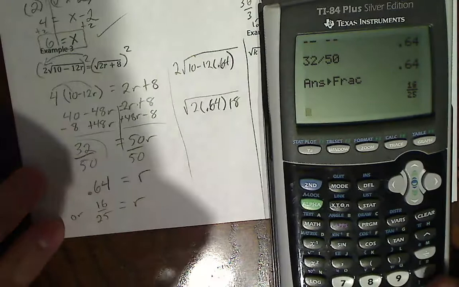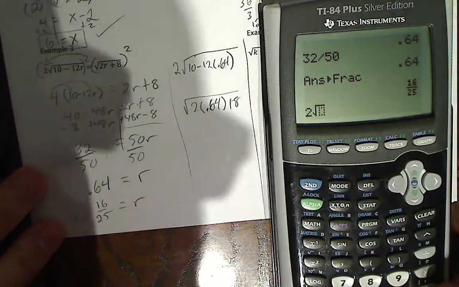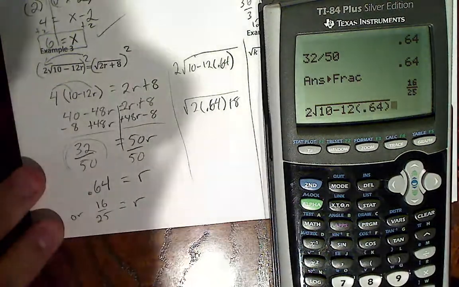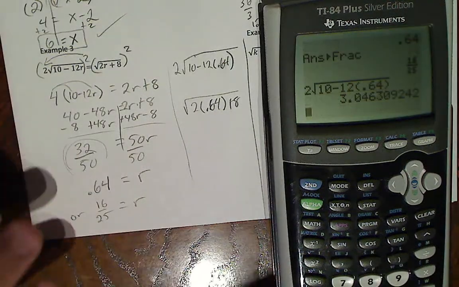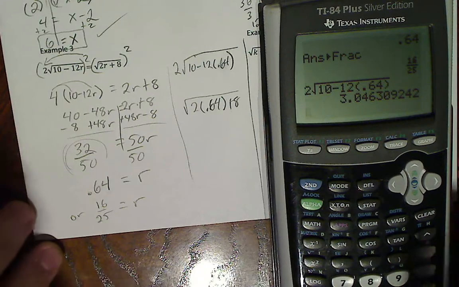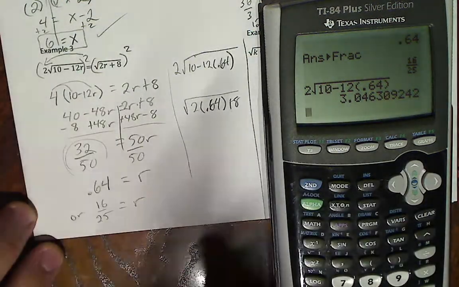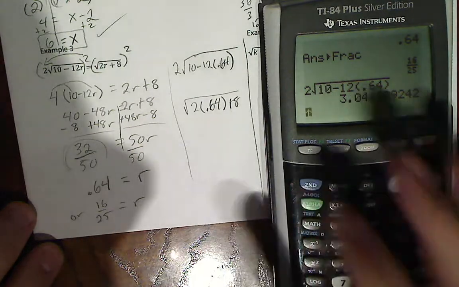So again, if I do 2 square root of 10 minus 12 times 0.64, okay, that would give me 3. That's ugly. But anyway, and then if I do the second one, you know what I'm going to do? I'm going to do it with a fraction instead, just so you can kind of see.